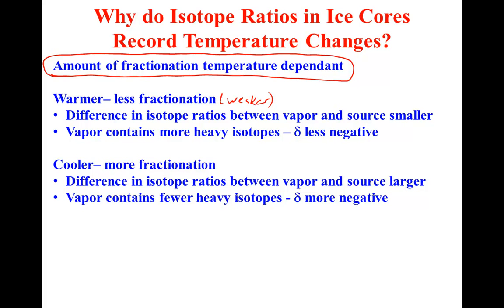Meaning at warmer temperatures, more of the heavy isotope is able to get into the vapor. It's a little bit easier to get the heavy isotope to evaporate at warmer temperatures. As a result, the ratio of heavy to light isotope gets larger, and the delta value becomes less negative.